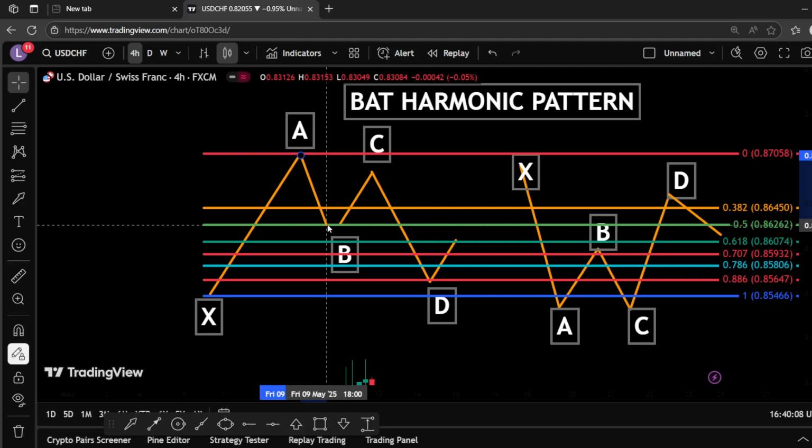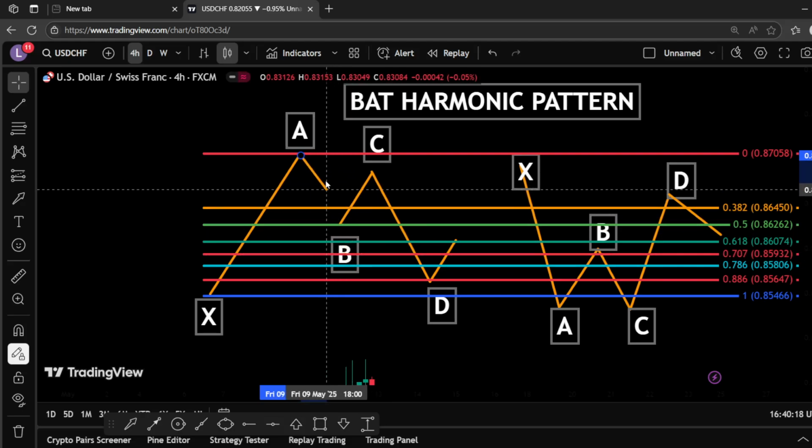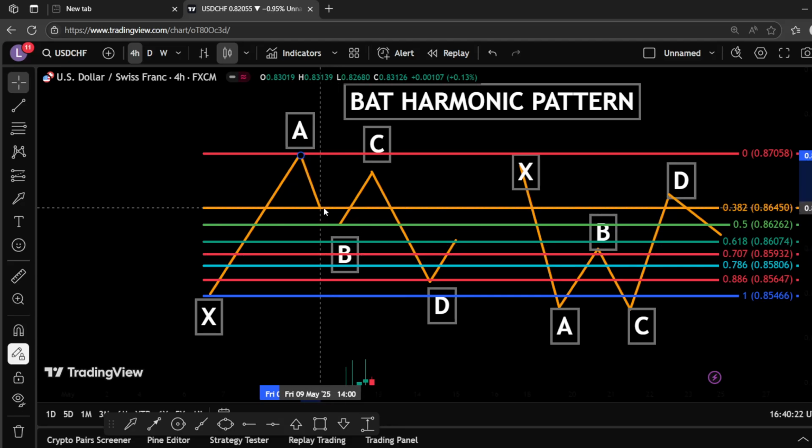But it must not touch 0.618. Let me repeat again. To identify your B, this retracement must touch 0.382, but must not touch 0.618.